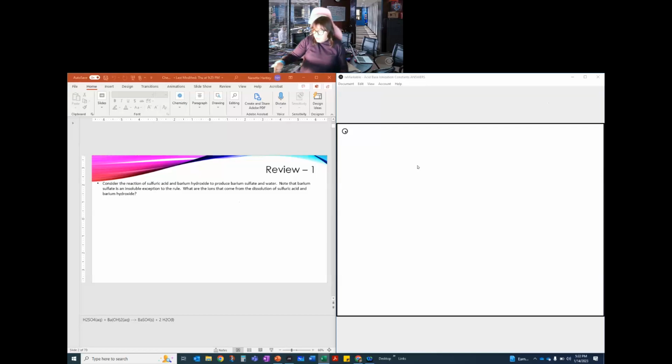Okay, so the first question they've asked me is what happens when I put these things in solution? So I have two components that I want to talk about, one of which is the barium hydroxide. Ba is a group 2 alkaline earth metal, so it has a 2+ charge. That means that if I'm going to put it with hydroxide, which is a -1 charge, I need to have 2 of those.